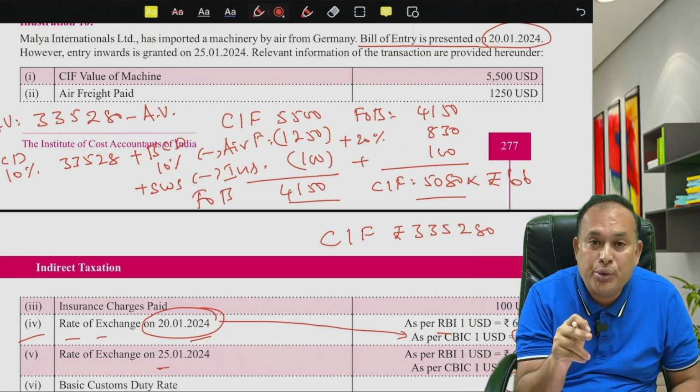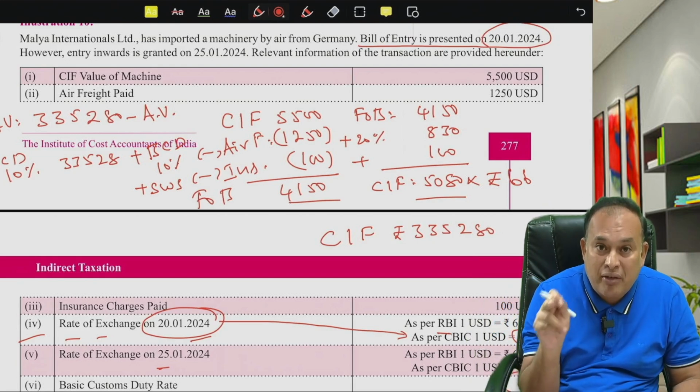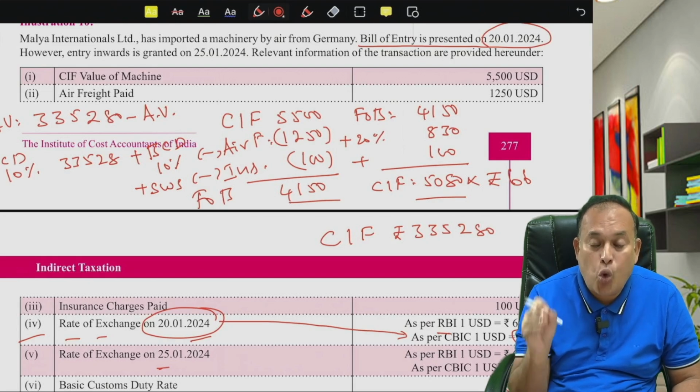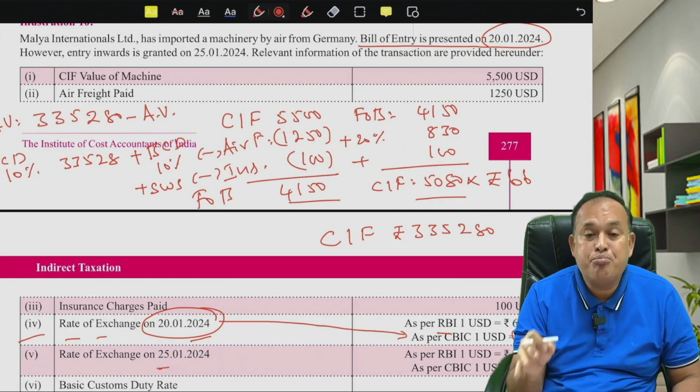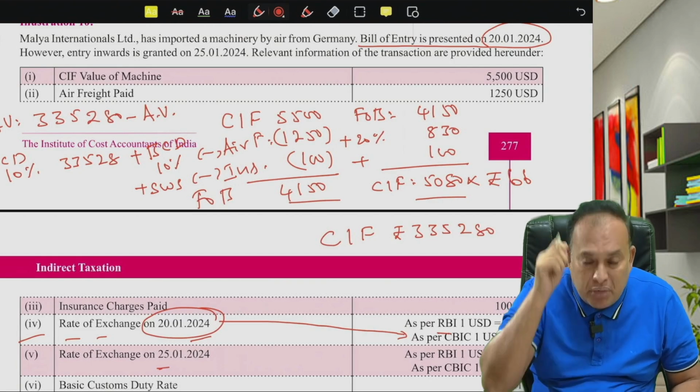Whenever there is import duty, BCD is available. SWS, the social welfare surcharge, at 10% on BCD is inevitable and must be applied.